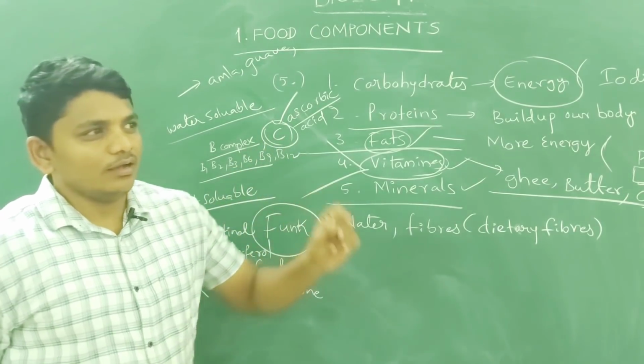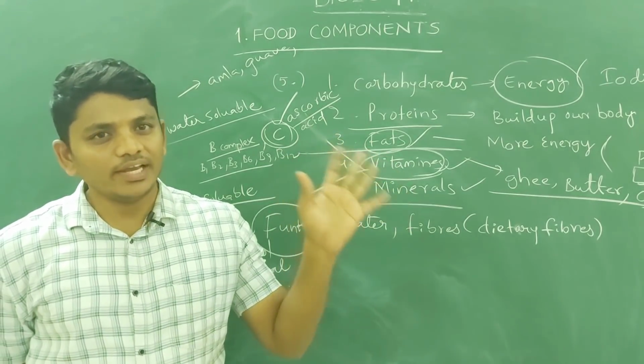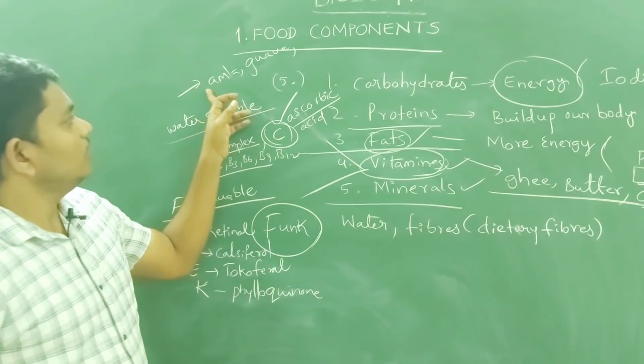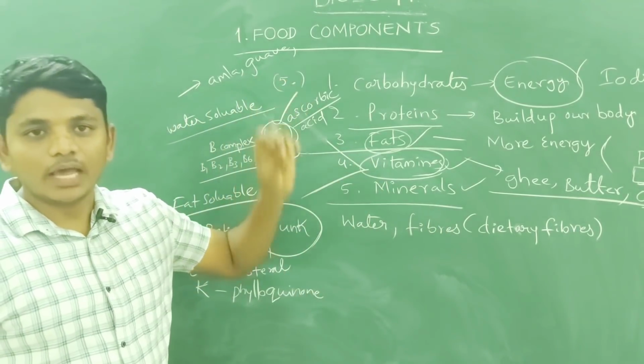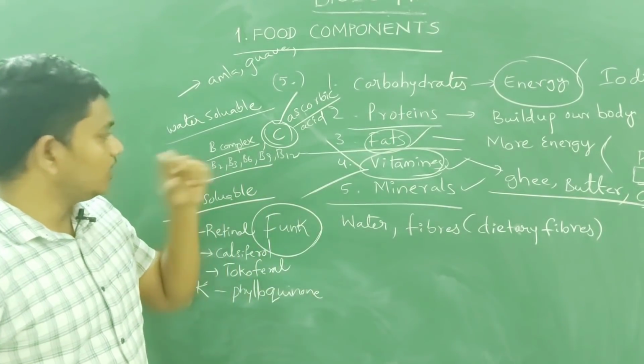So it is better to remember like this: C vitamin is widely available in fruits like amla, guava, tamarind and mango. These are the best examples for C vitamin.